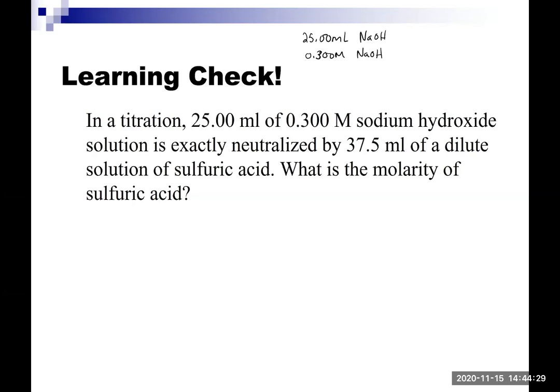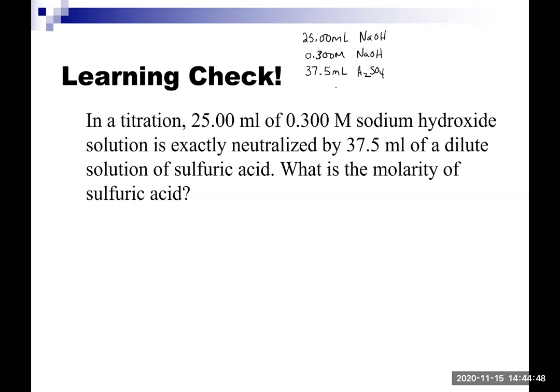We have a dilute solution of sulfuric acid, and we neutralize during the titration with 37.5 mL of H2SO4.